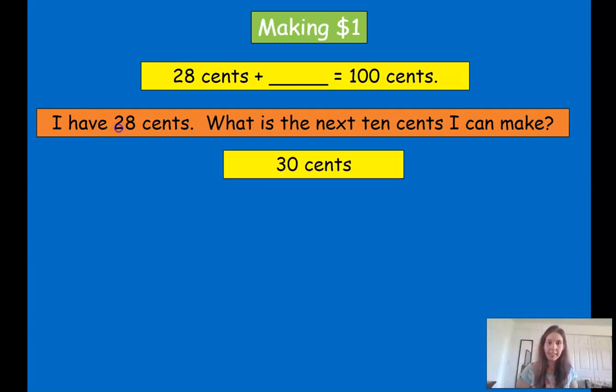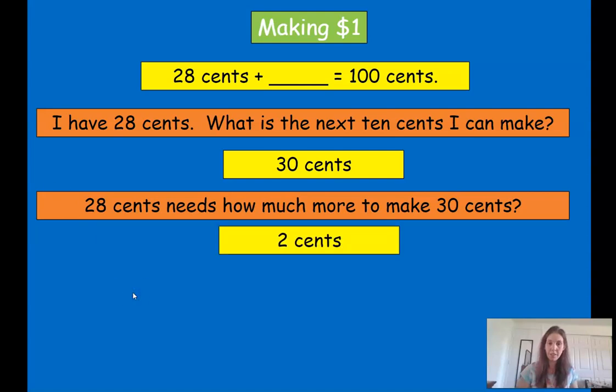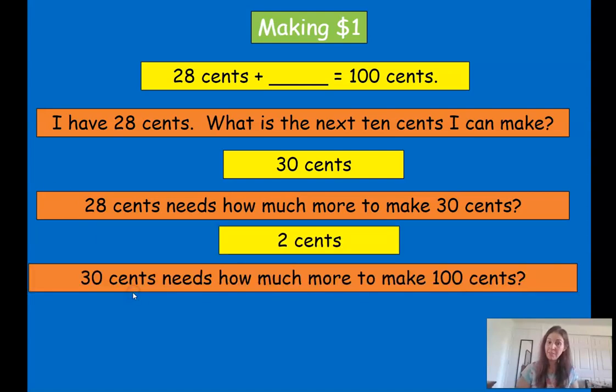How many do we need to get to 30? 28, 29, 30. We need 2 cents to get to 30. Now we have to figure out 30 cents needs how much more to get to 100? 30 plus what is going to get to 100? You can do this a few different ways.